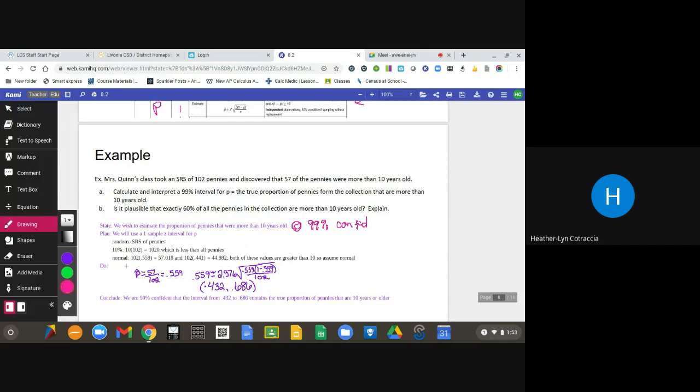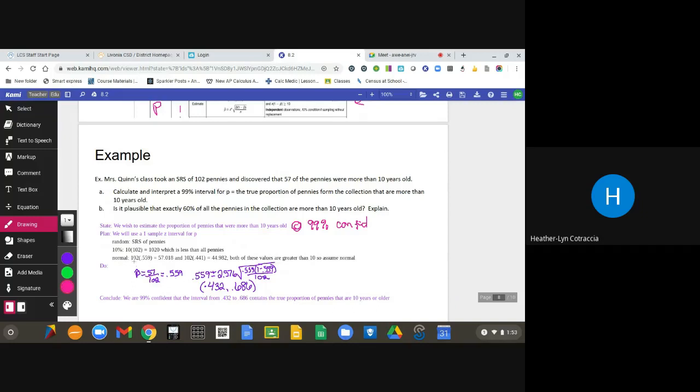And then last but not least, we need to check normal. Normal, you do your n times your p. My p here, I figured out in the next step, so I just added it in there. P hat would be 57 over 102. So if you read back up here, it says 57 out of the 102 were 10 years old. That's my p hat. Using a calculator, I got 0.559.